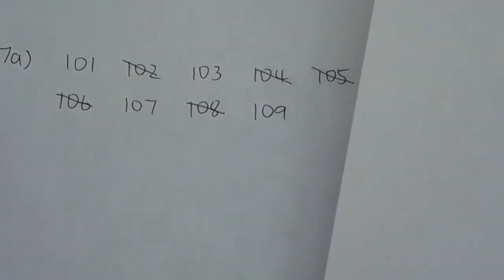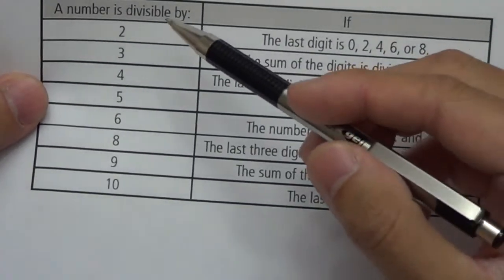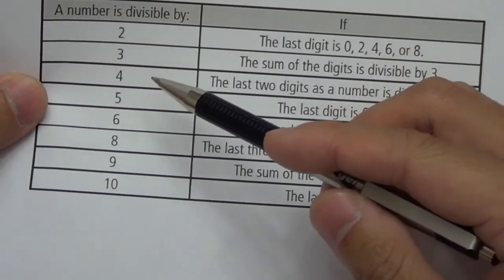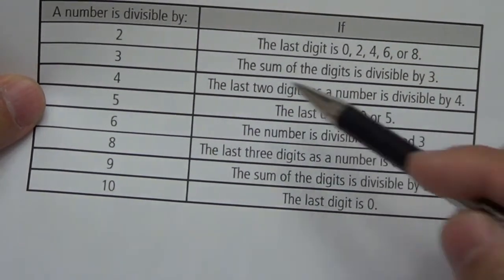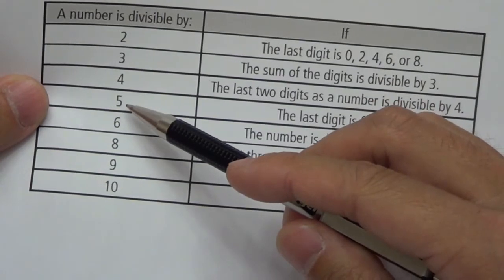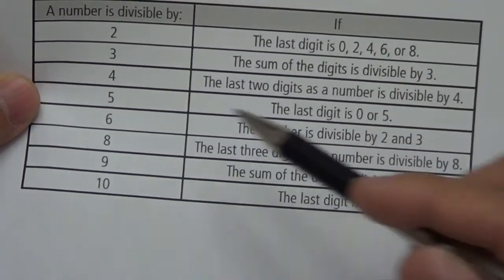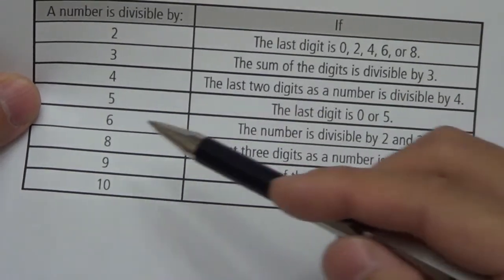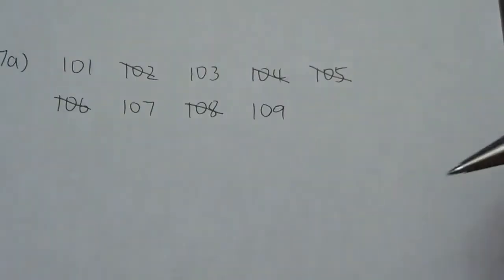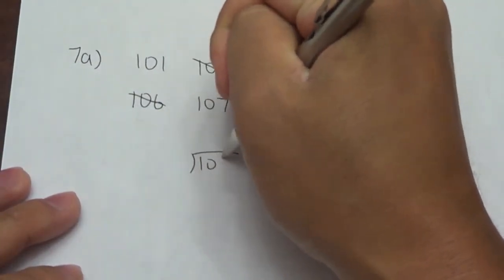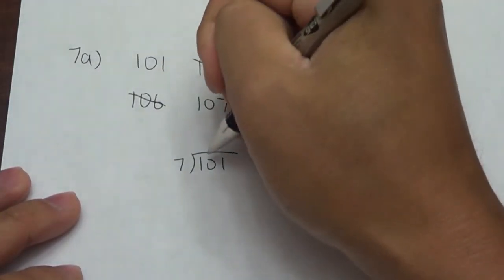Let's say I'm going to just pick the first one, 101. We already know that it can't be divided by 2, can't be divided by 3. The last 2 digits can't be divided by 4, can't be divided by 5, and because it's not divisible by 2 and 3, 6 doesn't qualify either. 7 is the only one we don't have a rule for, so we do need to work that out to confirm that 7 is not a possible factor.